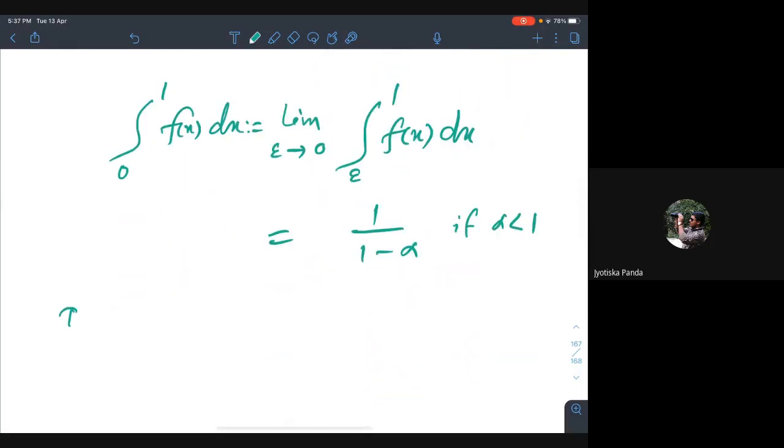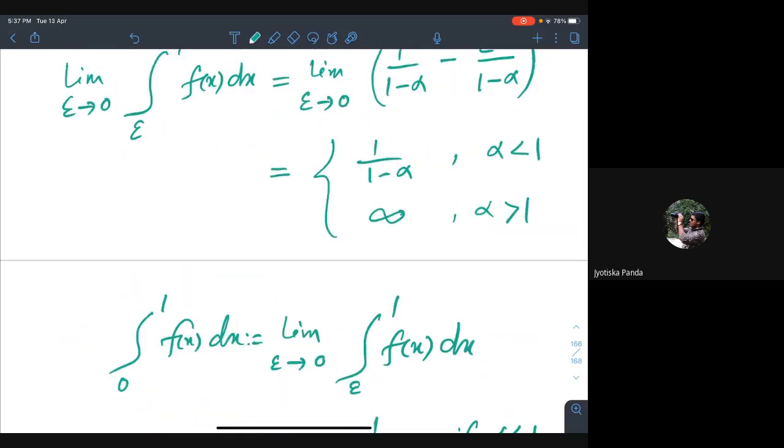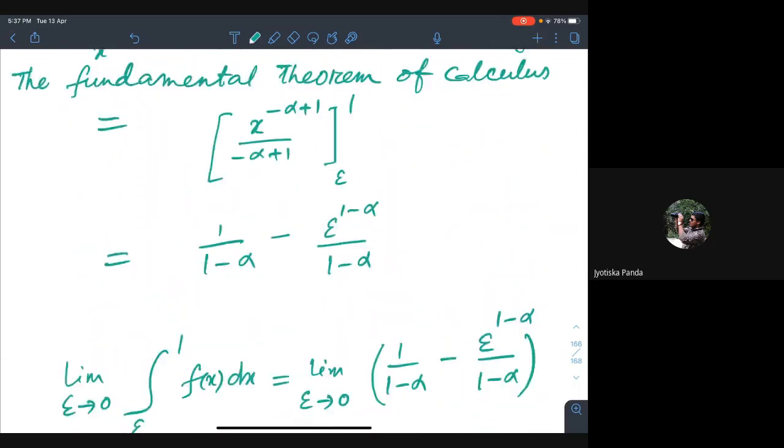And the integration from 0 to 1 of f(x) dx diverges if alpha is bigger than 1. Is it fine?